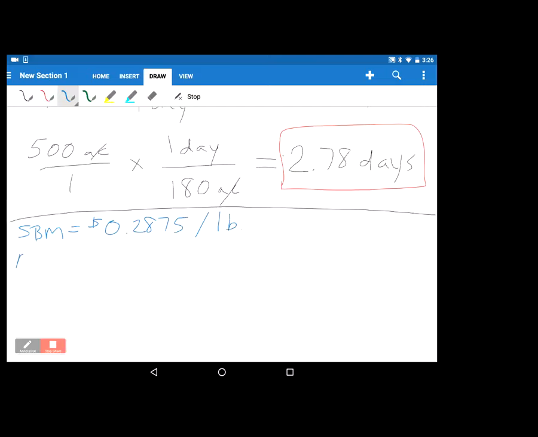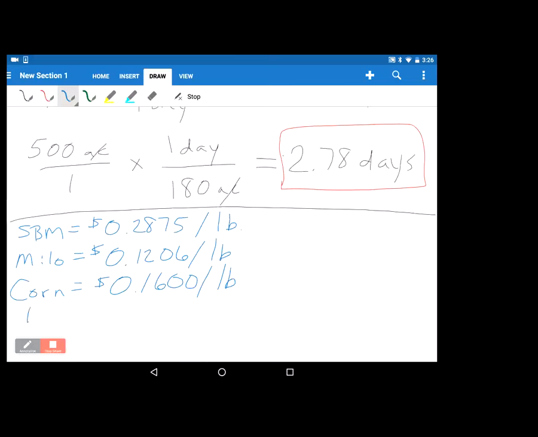Okay, milo equals 0.1206 per pound. So I'm just converting those dollars per hundredweight into dollars per pound. Corn equals 16 cents a pound. Give it a couple decimals just to be consistent.